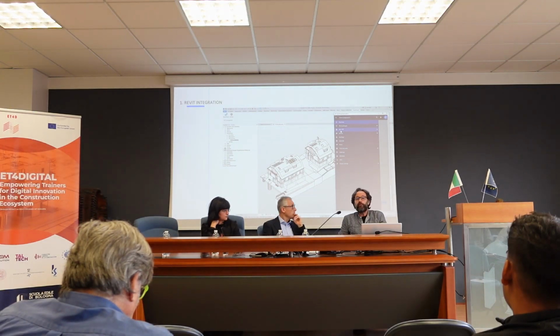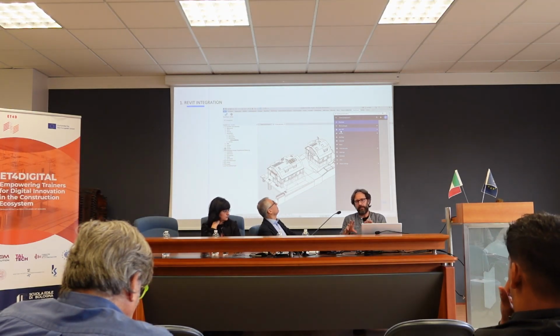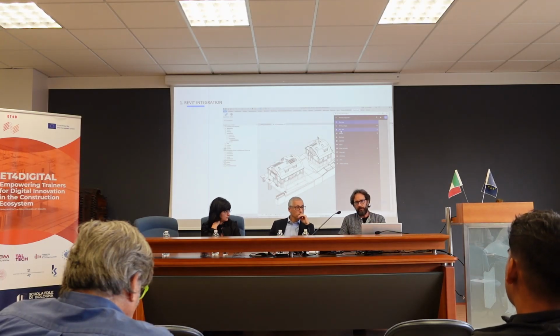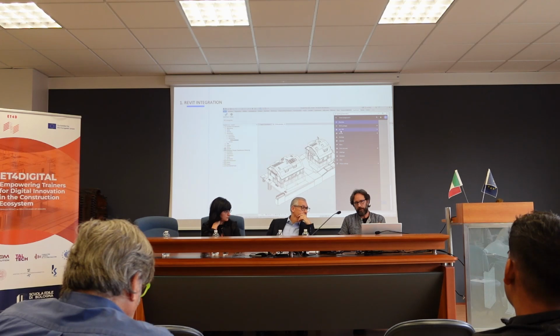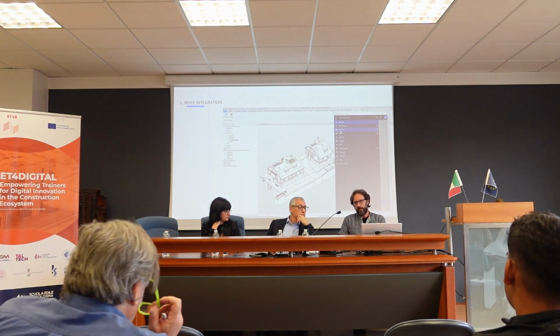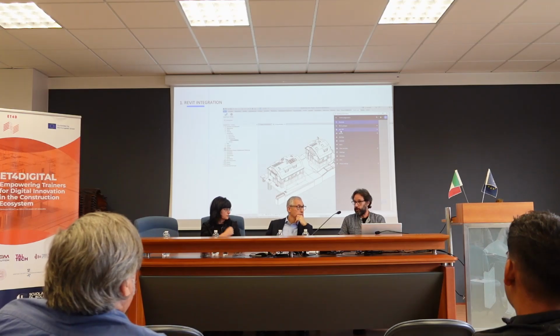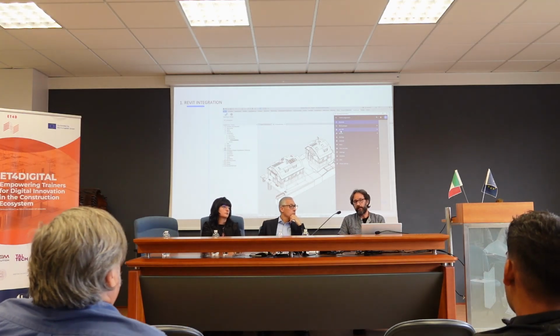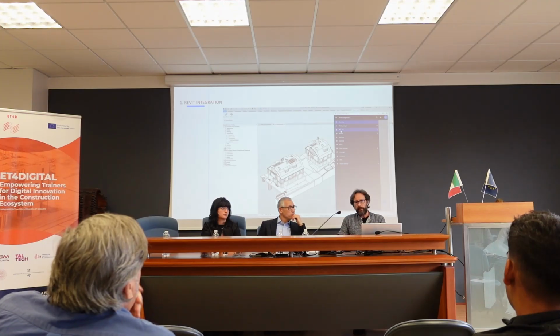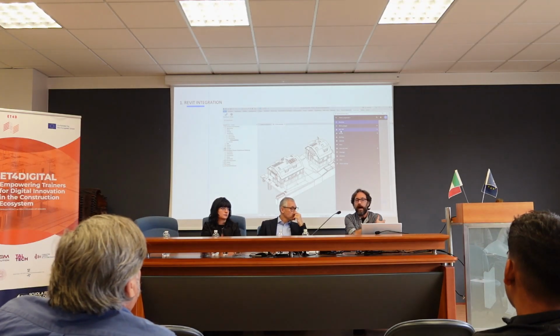Here, if we prefer to work inside of Revit, this is a typical Revit interface. There is just something different. This is the OpenProject BIM icon on the top left. That means that the OpenProject BIM add-on has been added to Revit. And on the right side, we can see a pane that is typical of OpenProject BIM.